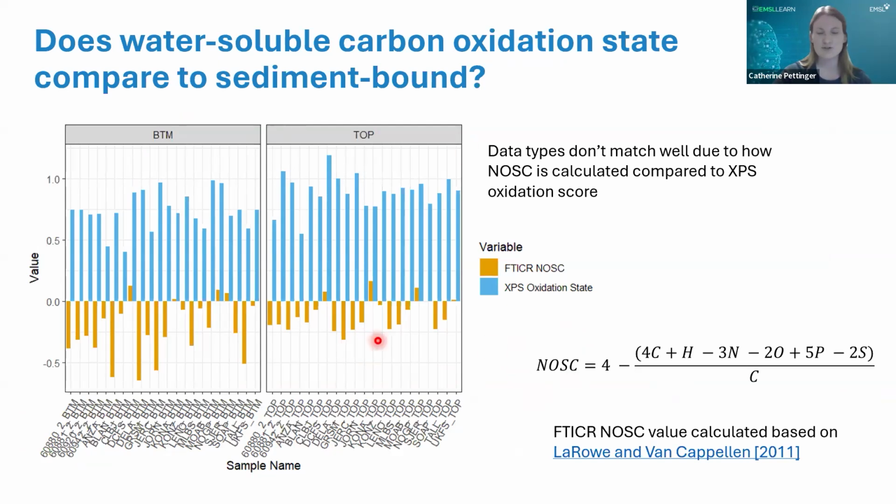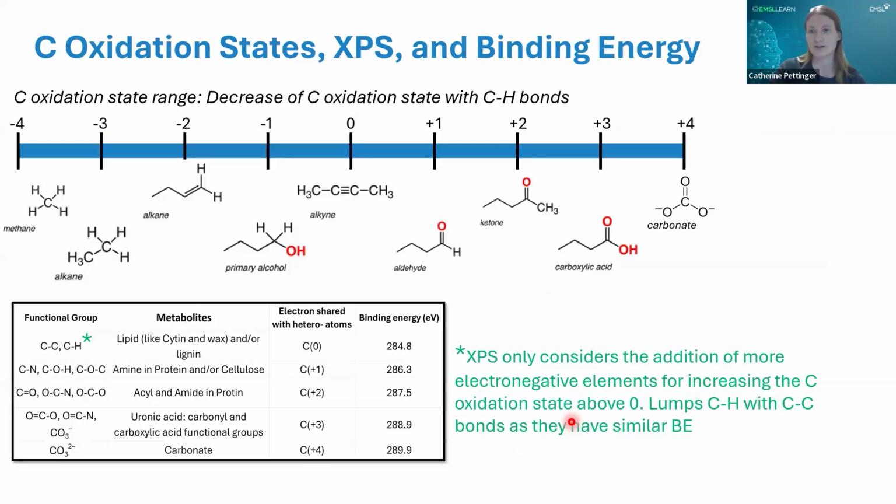But basically, the data types don't match well, and this is partially just due to how we look at carbon oxidation states. In XPS, we're looking at increasing the oxidation state to above 0 with additions of electronegative groups. However, carbons range from -4 to +4, and carbon bound to hydrogen will decrease the carbon oxidation state based on classically assigned carbon oxidation species.